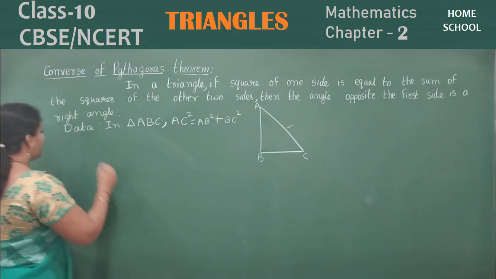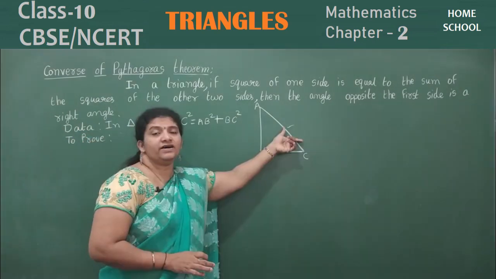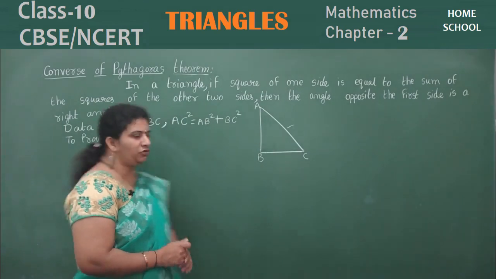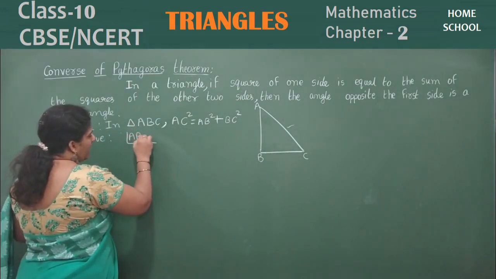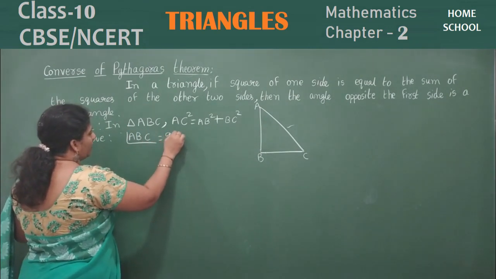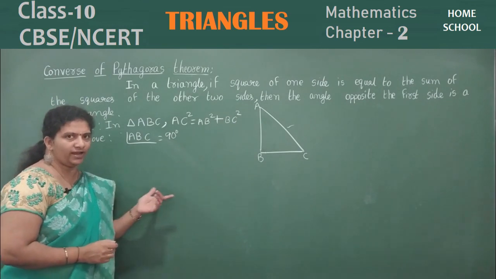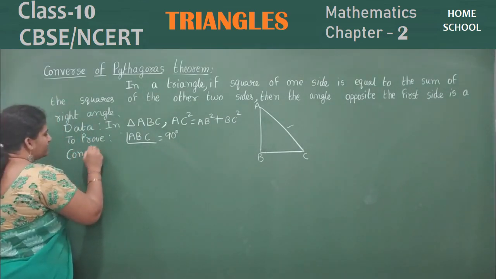Okay. So next step, what I need to prove, I will write. To prove that the first side's opposite angle is a right angle. That means prove that angle ABC is equal to 90 degrees, or you can also write it is a right angle. So now next step, we need to do a construction.